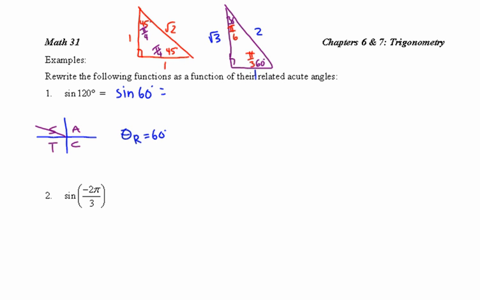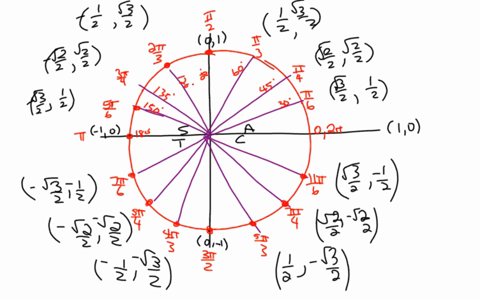Looking at my right triangle, what's sine of 60 degrees? Root 3 over 2. Yes, Landon. Now, if you used your unit circle, what would you do? You find 120 right here. Cos comma sine, it's root 3 over 2. That's it.